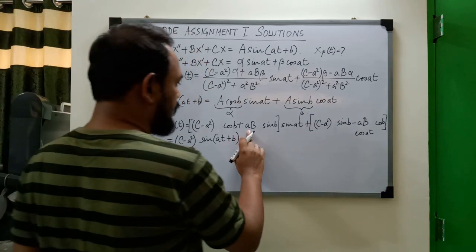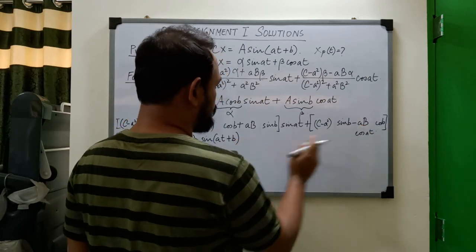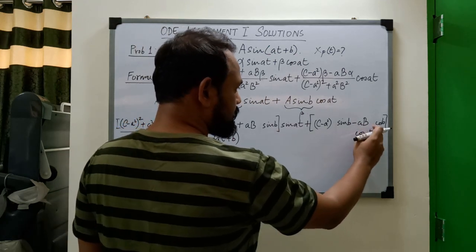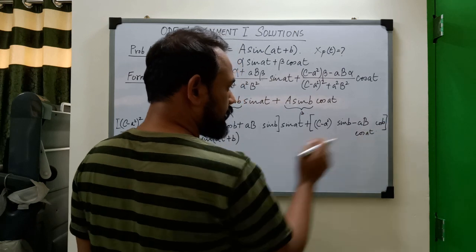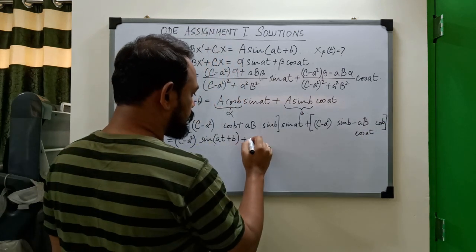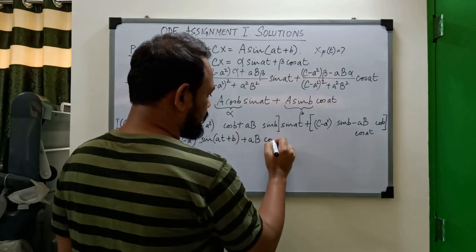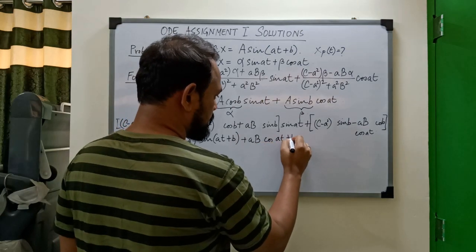Similarly, if I take small a capital B common from sine b sine at and minus cosine b cosine at, that's the formula for cosine (at plus b).